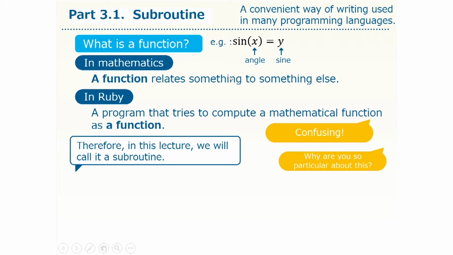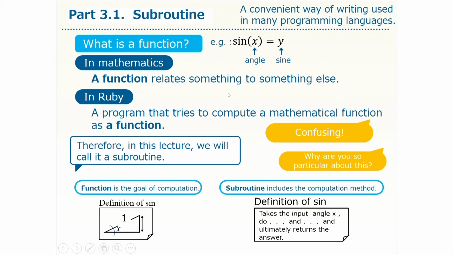You might wonder why I'm insisting on this. Let me explain a little. A function is a mathematical function like we just saw. Think of a function as representing the goal of a computation. For example, the definition of sine is, visually, this length of a triangle of angle x.